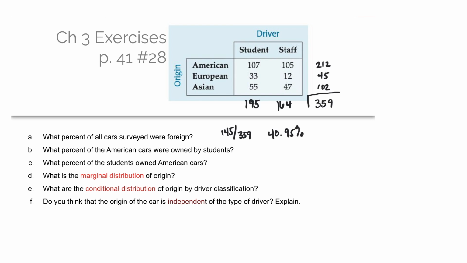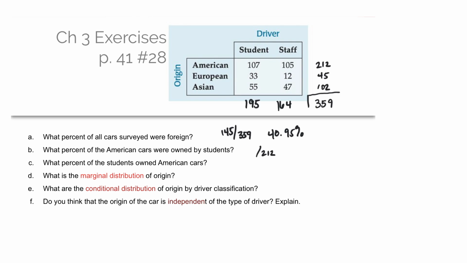Okay, now the next question asks, what percent of the American cars were owned by students? Notice what they did. They want to know about the American-made cars. So what we've done here is we've really changed the description. We've changed our totals, and we've decided to go with just the American cars. So they've put what we would call a condition on the group you're looking at. In order for us to consider this group, we are looking at just American cars. We know that there are 212 American cars, so whatever I end up doing, it's going to be out of 212.